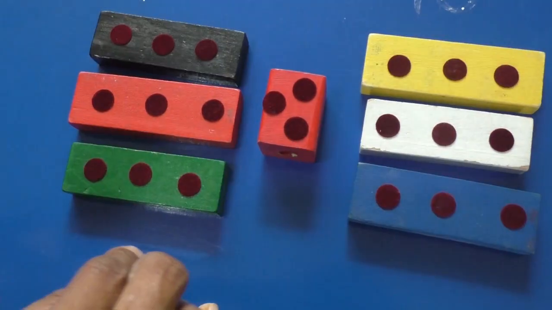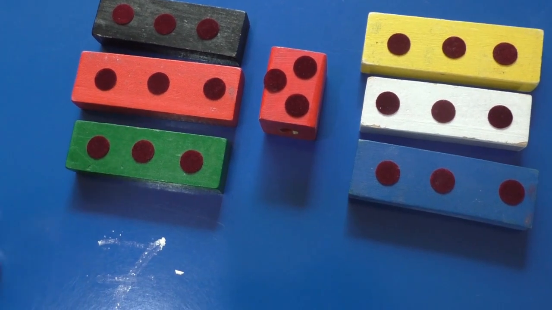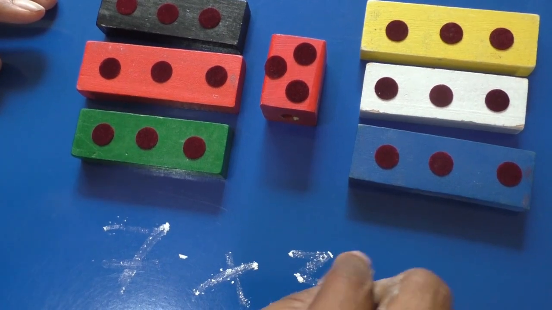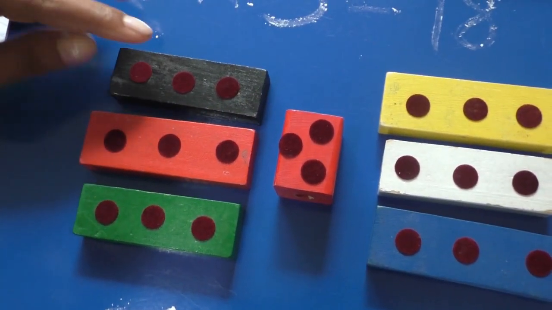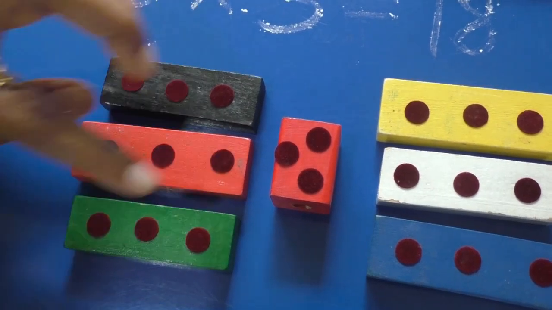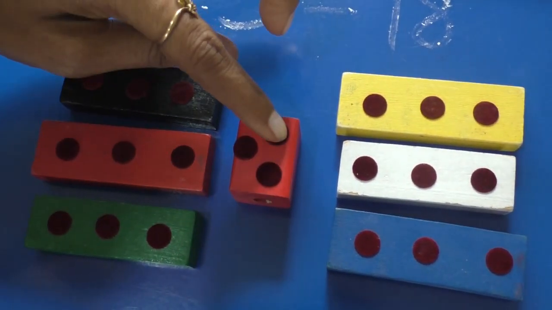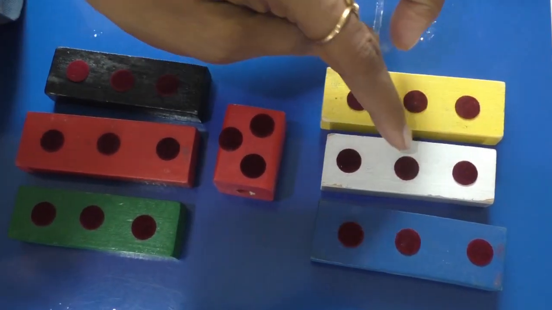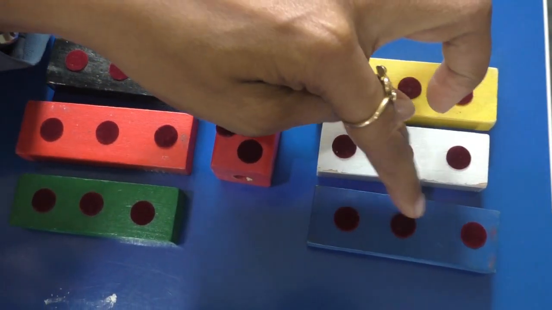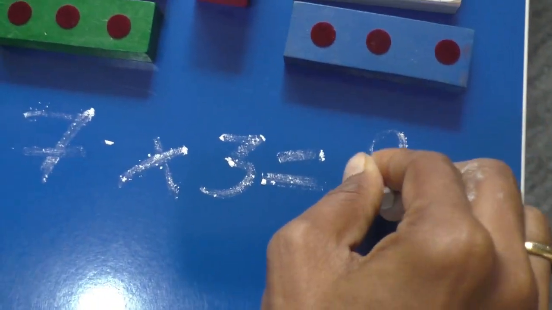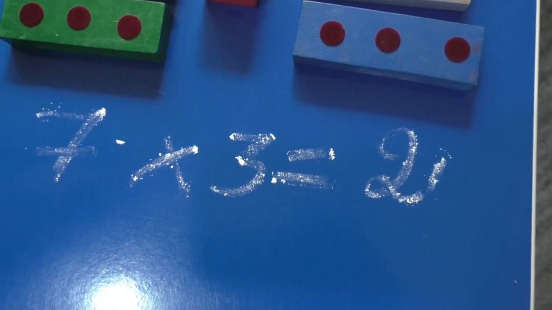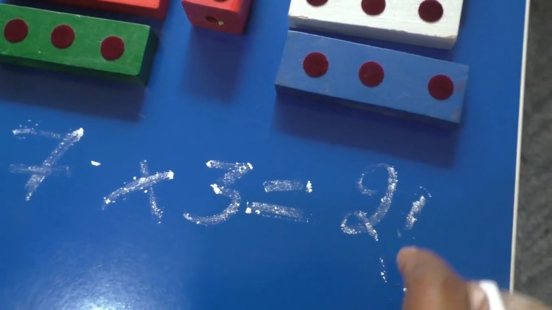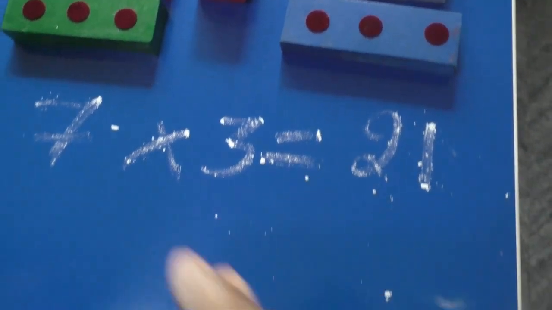Now 7 blocks. So 7 groups. 7 into 3 dots. So how much is 7 into 3? Let's count. 1, 2, 3, 4, 5, 6, 7, 8, 9, 10, 11, 12, 13, 14, 15, 16, 17, 18, 19, 20 and 21. So 7 into 3 is 21.